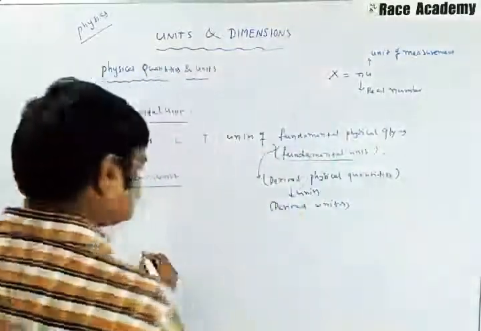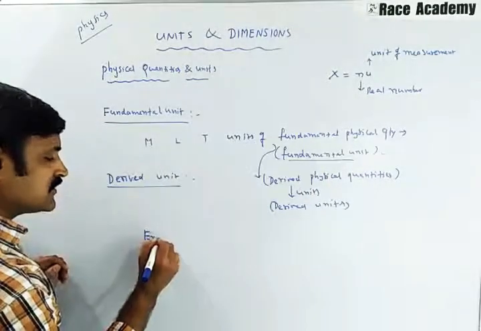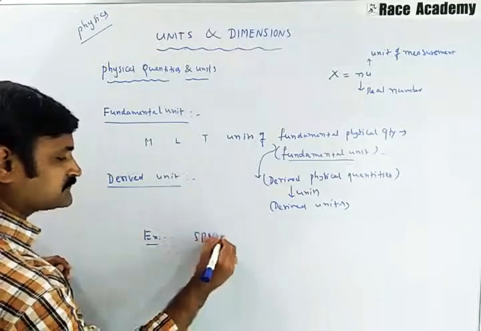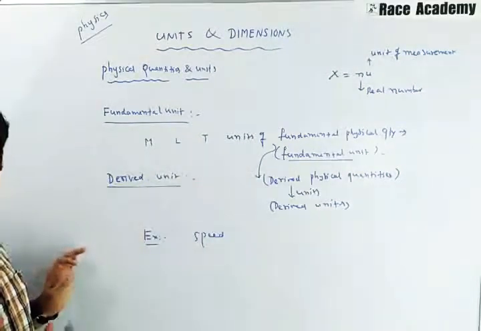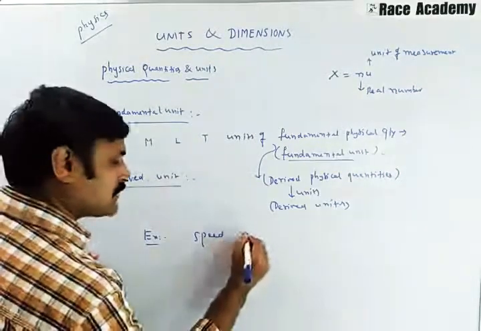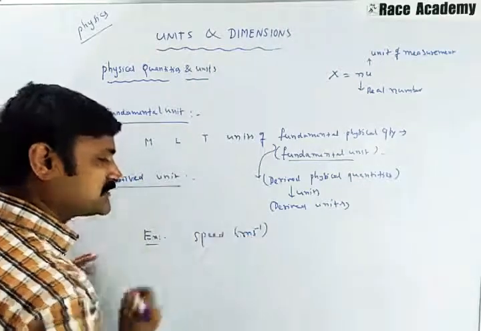Now we have examples. One example is speed, which has meter per second as the unit.